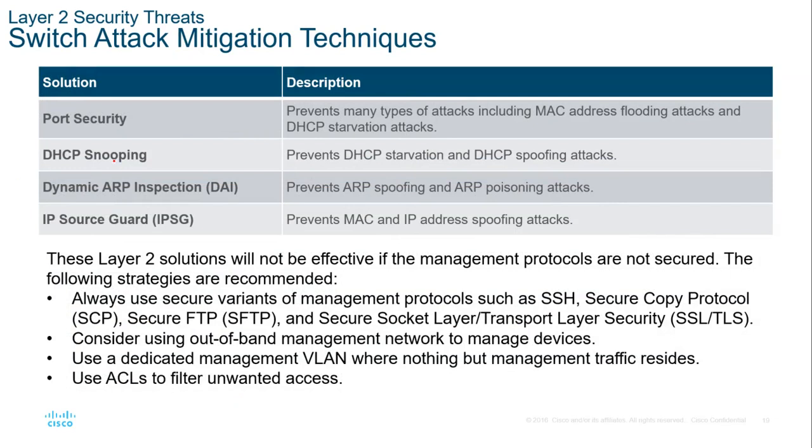We can use what we call port security to implement security on ports to prevent many types of attacks, including MAC address flooding and DHCP starvation. DHCP snooping prevents DHCP starvation and spoofing.